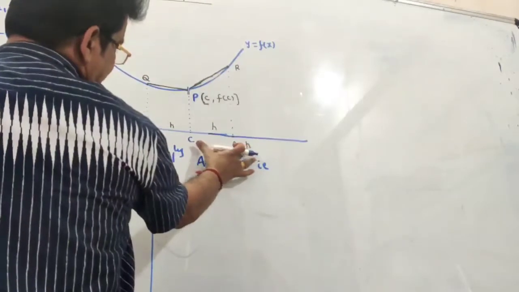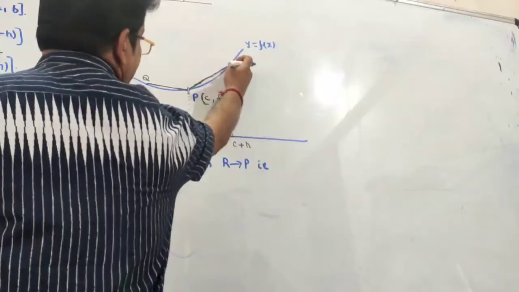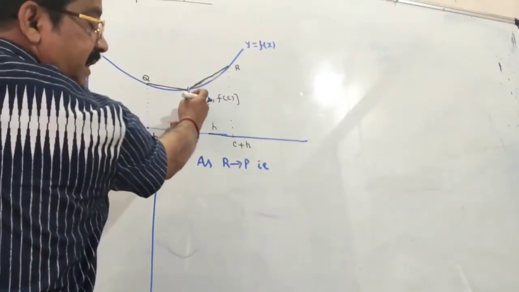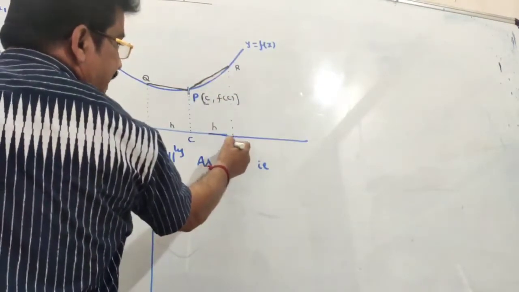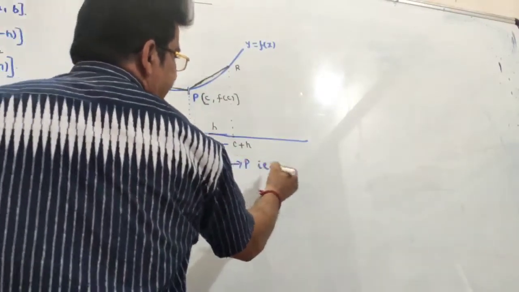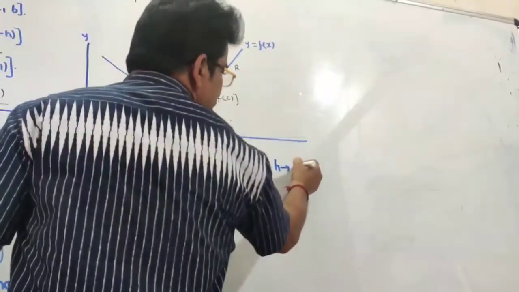Similarly, as capital R tends to capital P along the curve, C plus H approaches C. Indirectly, H approaches 0.